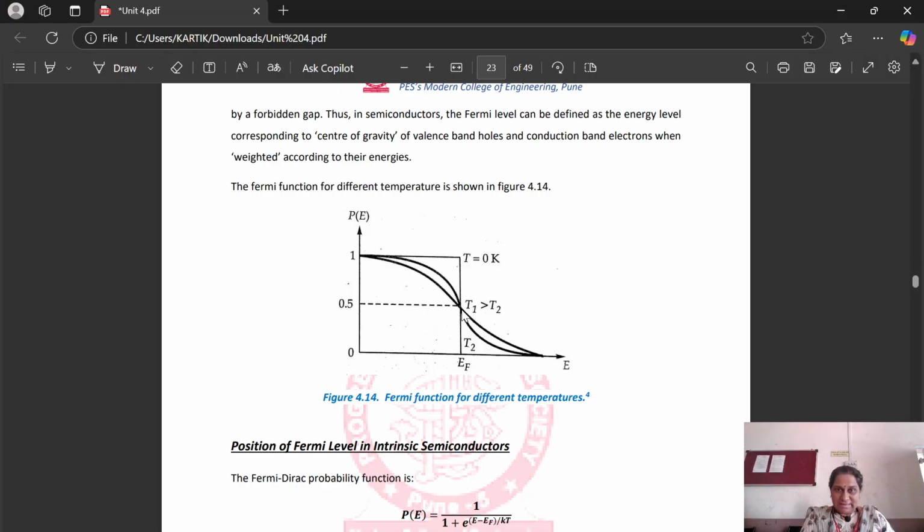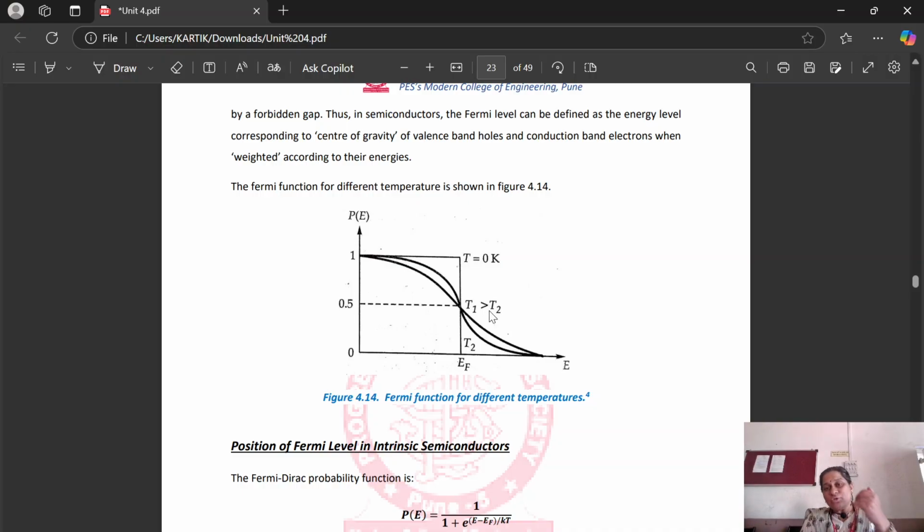Now, when you increase the temperature, then at some temperature greater than 0 K, some of the energy states below EF are empty and some of the energy states beyond EF are filled. Therefore the probability of finding the particle below EF goes on decreasing and the probability beyond EF goes on increasing, and this is what is represented in the form of the S shape here, where T1 is greater than 0 K and T2 is greater than T1.